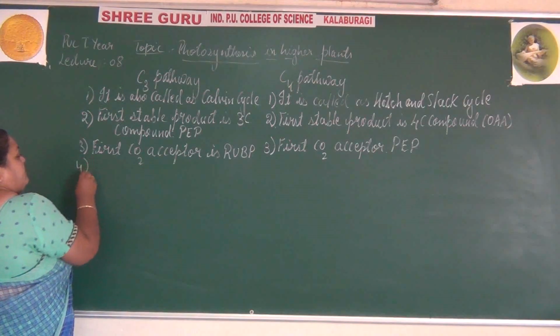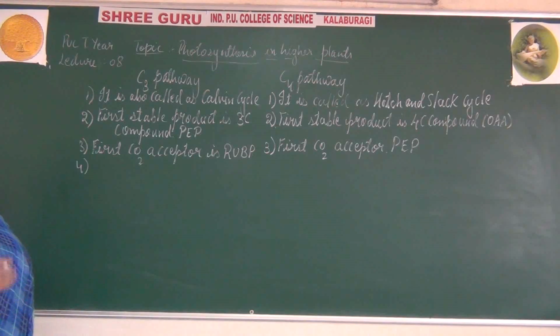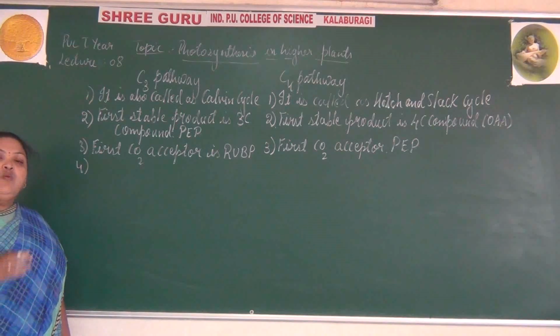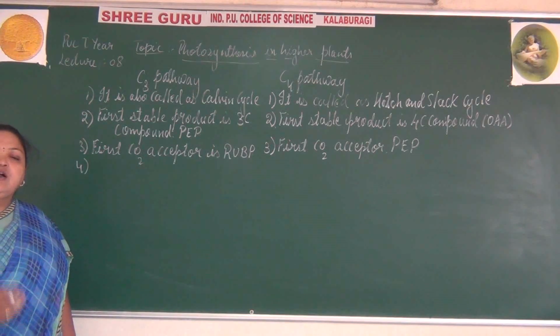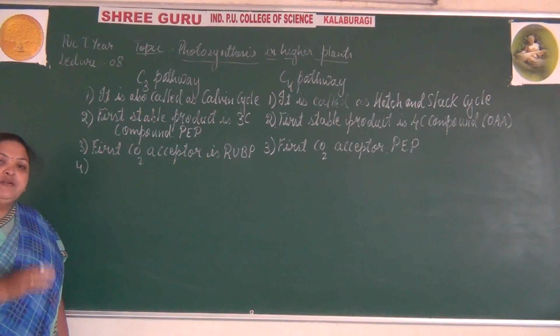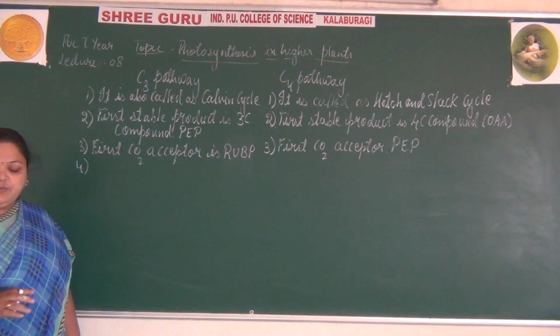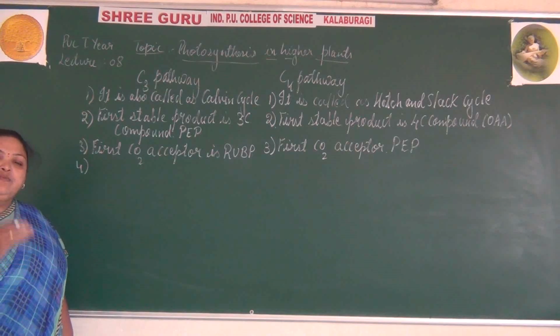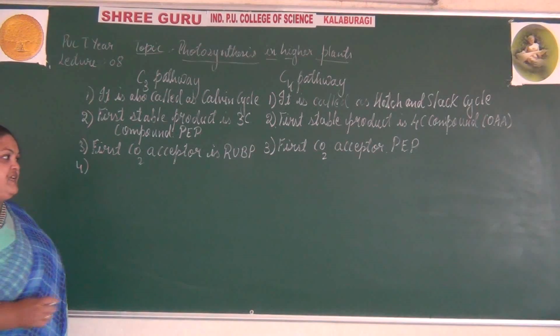Then, what are the next points that can be there? You can go with the byproducts, the number of cells, what processes are involved, what intermediate components will be formed, and the main process is carboxylation.